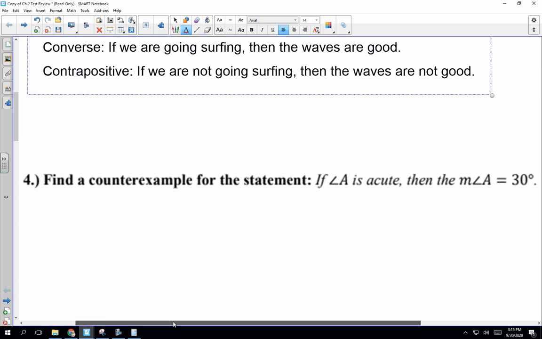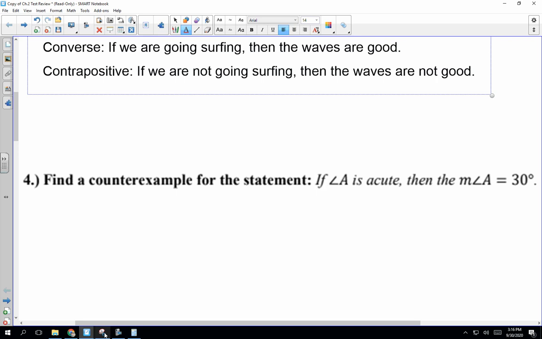Okay. Number 4, find a counterexample for this statement. If angle A is acute, then the measure of angle A is equal to 30 degrees. So what we have to do is find an acute angle that is not 30 degrees.